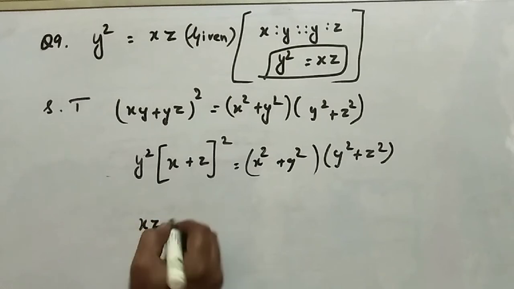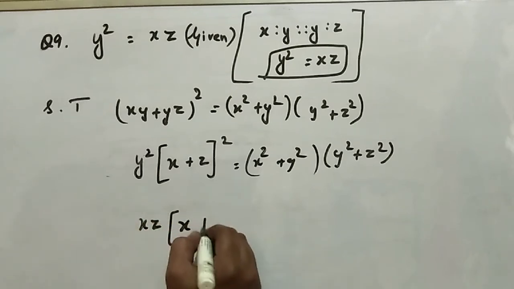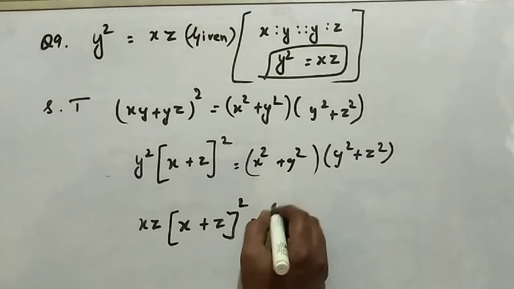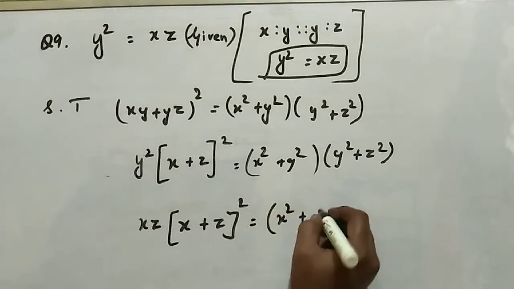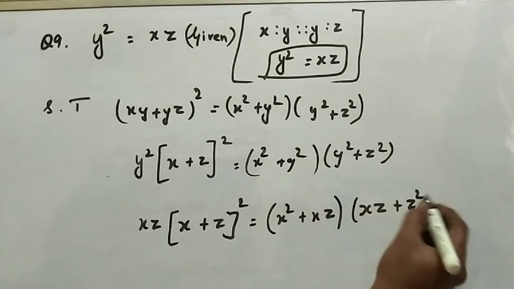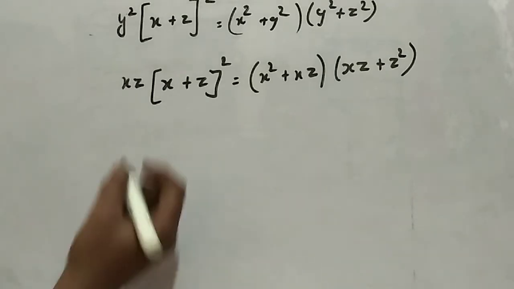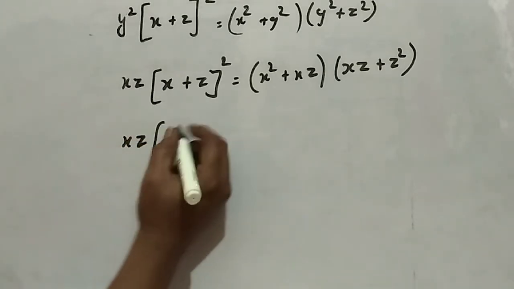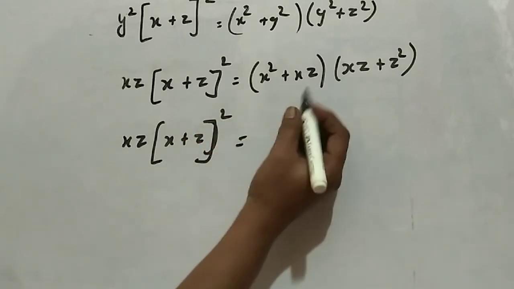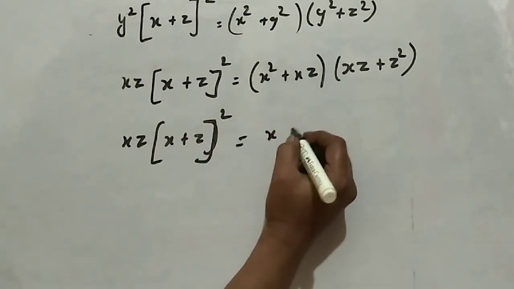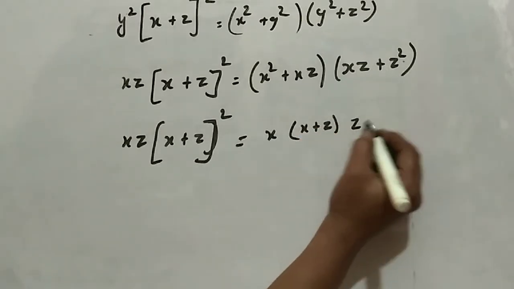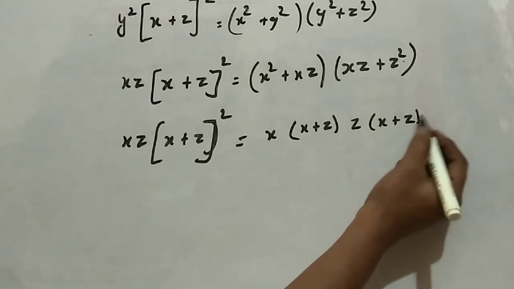Now, in the place of y squared, we have to put xz. Right? xz (x plus z) whole square is equal to (x square plus xz) and (xz plus z square). We can write. Now, xz (x plus z) whole square is equal to here also x common and you will write (x plus z) and here z is common and you write (x plus z).